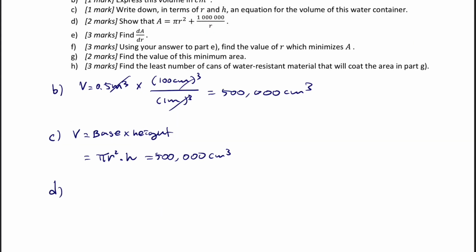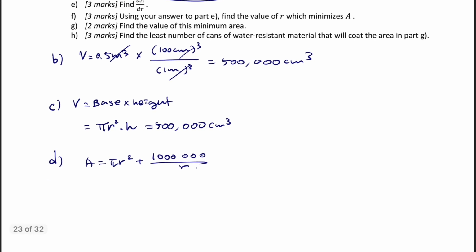Question D, we need to show that A is equal to this. It seems we have to use both the surface area formula, A equals 2 pi rh plus pi r squared, and do something with the volume so we can get rid of this extra h.